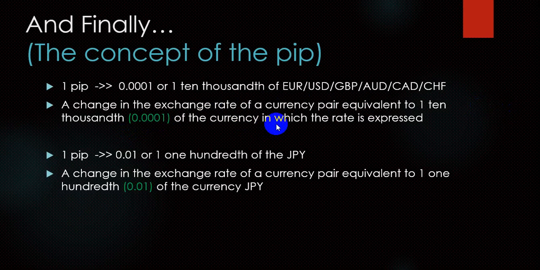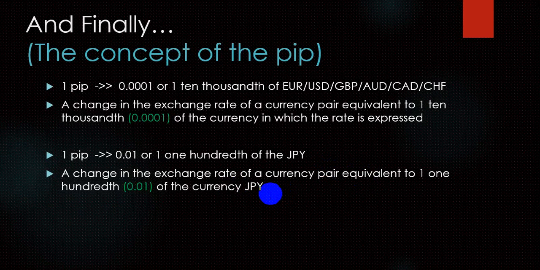But this is true for all other pairs except the Japanese yen pairs, because with the Japanese yen pairs, the Japanese yen is always the quoted currency, and so 1 pip is equivalent to a change in the rate equal to 1/100th of the Japanese yen. So that's the distinction.